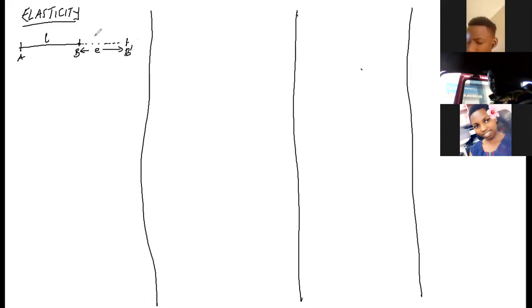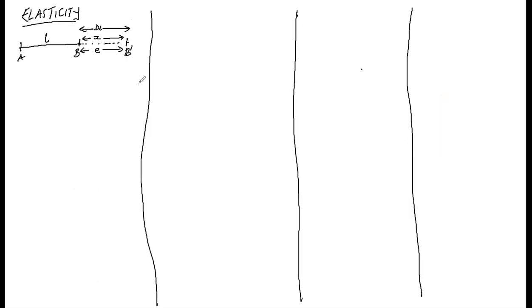away. Some books have it as x away. Others have it as delta L. All those imply an extension has taken place. So the distance we have here can be what we call our new length, L prime.